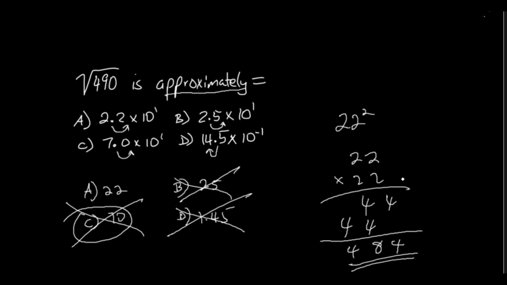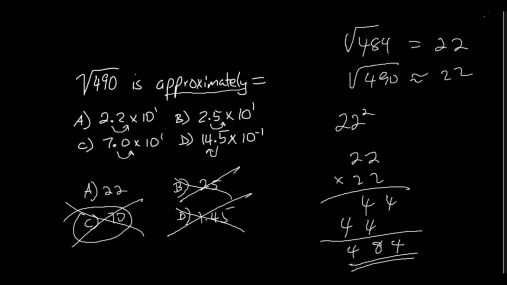And so we don't have any decimal places in these numbers, so our answer stays as 484. So the square root of 484 is 22. So the square root of a number that's very close to 484, just 6 more added on to 484 to give us 490, will be approximately 22. So A is our answer.